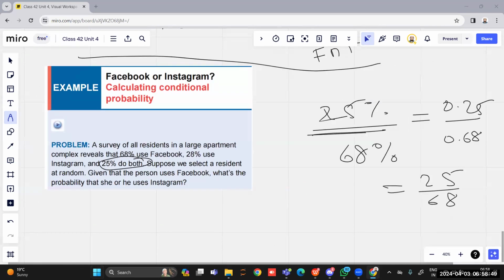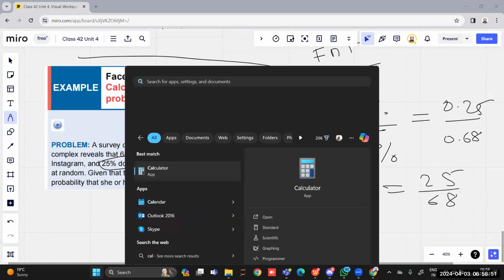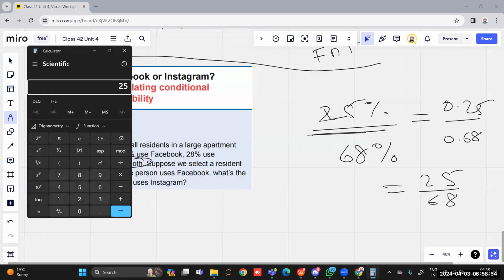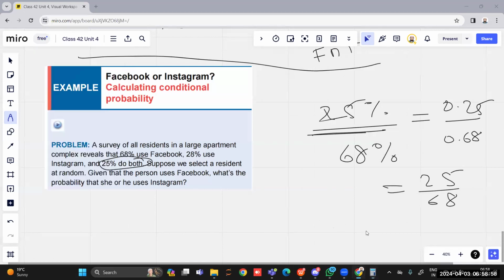So if you divide, it's just 25 divided by 68. Simple. 0.3676.